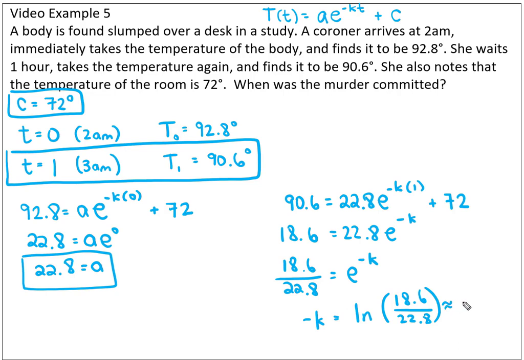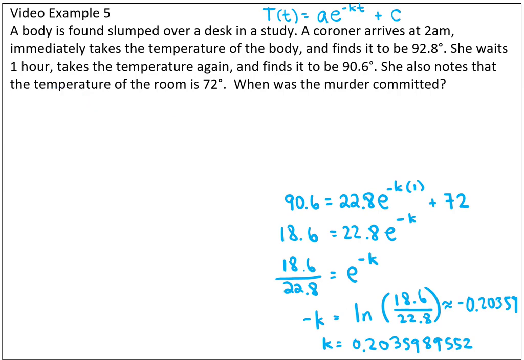That gives me approximately negative 0.20359. And so k is going to be positive 0.20359895552, keeping as many digits as possible for this question.